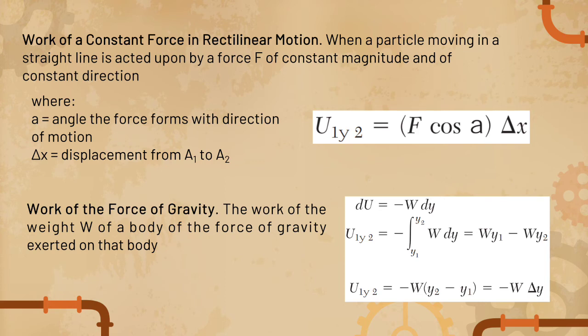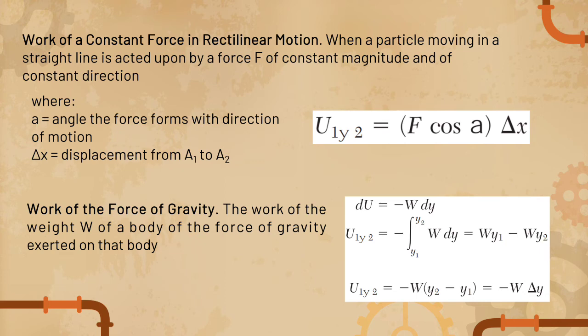Work of the force of gravity. The work of the weight of a body, of the force of gravity exerted on that body, is obtained by substituting the components of W. With the y-axis chosen upward, we have F sub x equals 0, F sub y equals negative W, and F sub z equals 0, where delta y is the vertical displacement from A1 to A2.